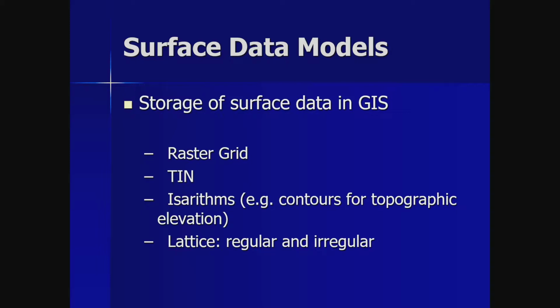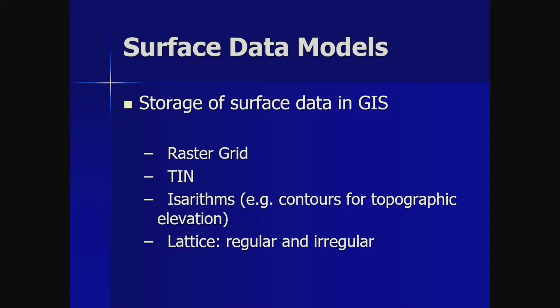But now that we're talking about interpolation, another format to store a continuous surface in is actually referred to as an isarithm. Okay, that is like a contour line. Contours are the term we specifically apply to elevation data sets.